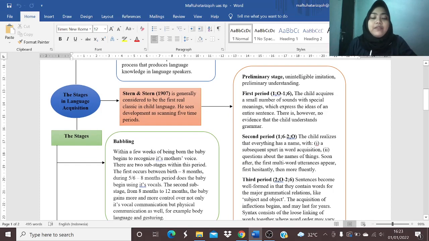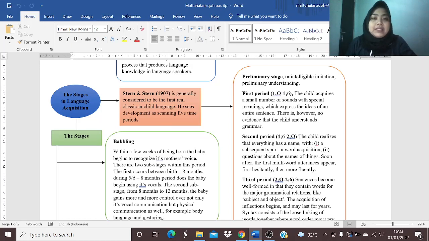The second is the first period. The child acquires a small number of sounds with special meanings, which express the ideas of an entire sentence. There is, however, no evidence that the child understands grammar.